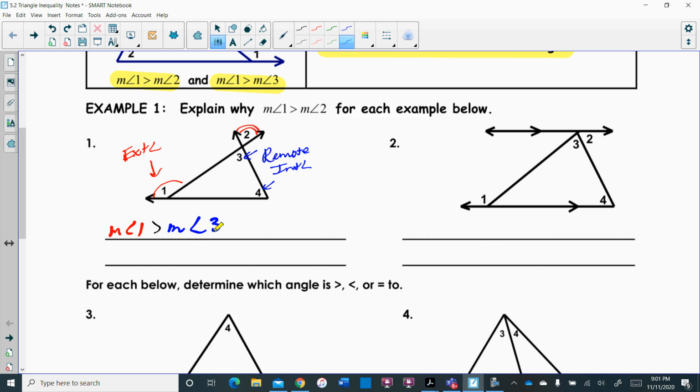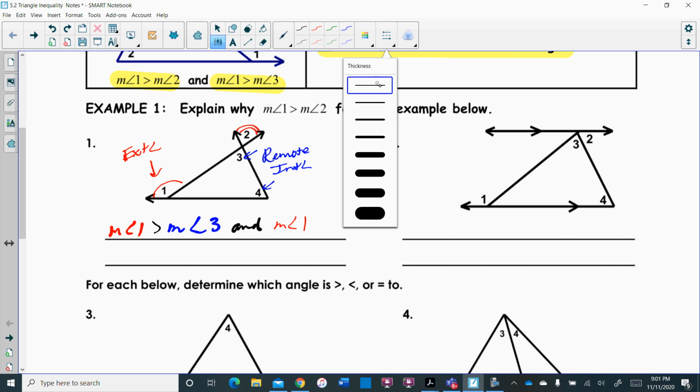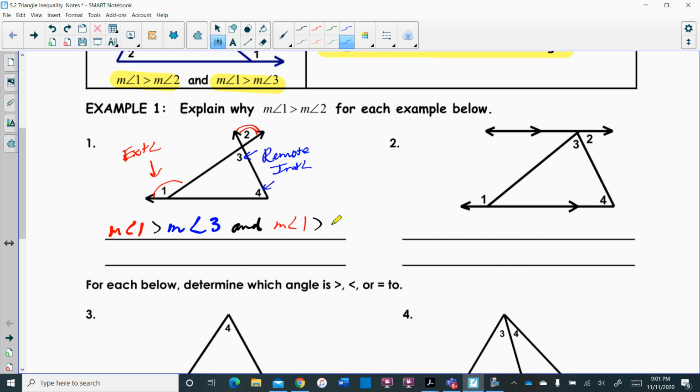So the measure of angle 1 is greater than angle 3, and I could show both, that the measure of angle 1 is greater than the measure of angle 4, because that was a remote interior angle as well. But I'm trying to prove that it's greater than angle 2. Well, what I know about angle 3 and angle 2 is that they're congruent. They're vertical. So I know that the measure of angle 2, I'll just write it right here.